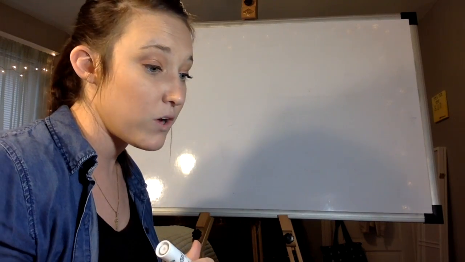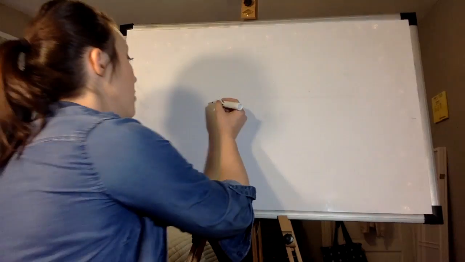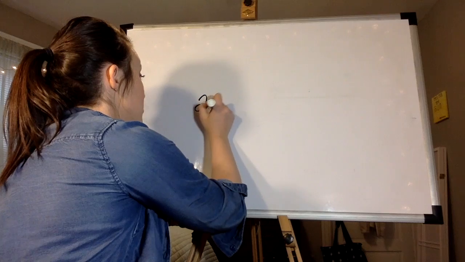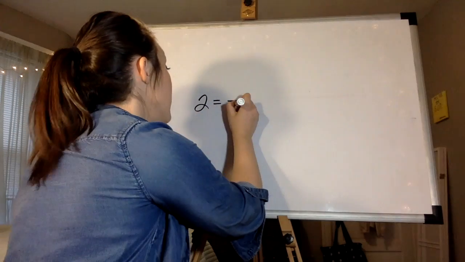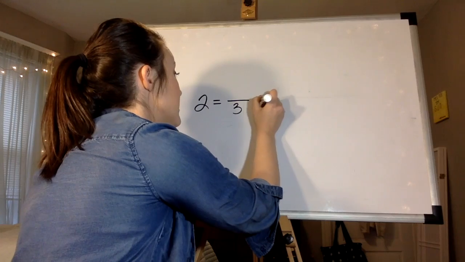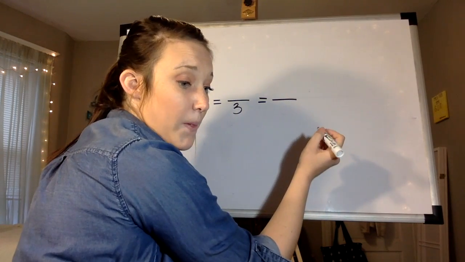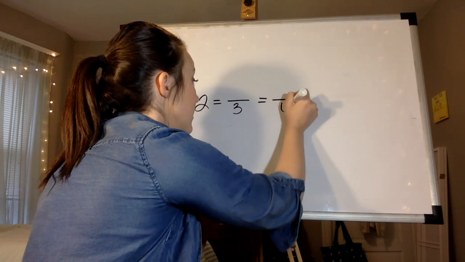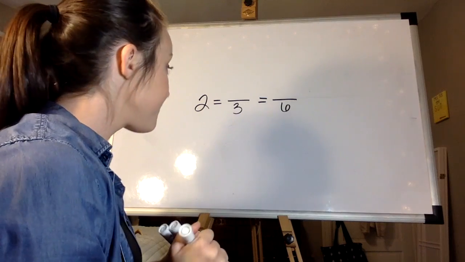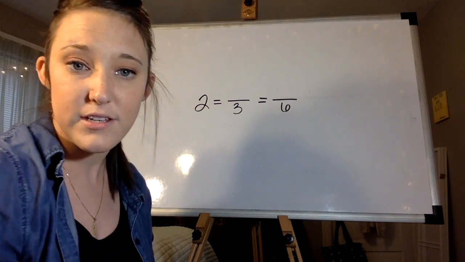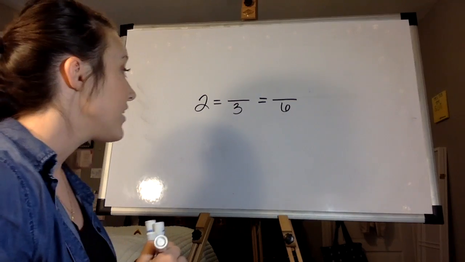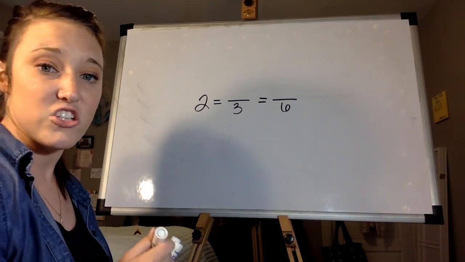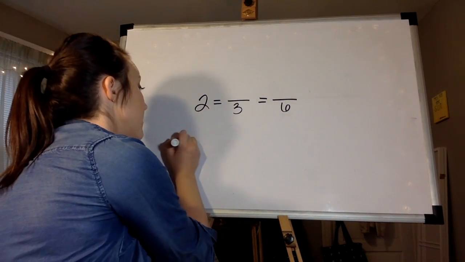So I'm going to do number 3, where it says 2 is equal to something over 3 and something else over 6. All right. You can do this a couple different ways. Again, you can always use your fraction strips. Fraction strips, drawing pictures, very helpful. Since I don't have fraction strips, I'm going to keep using my number line, okay?